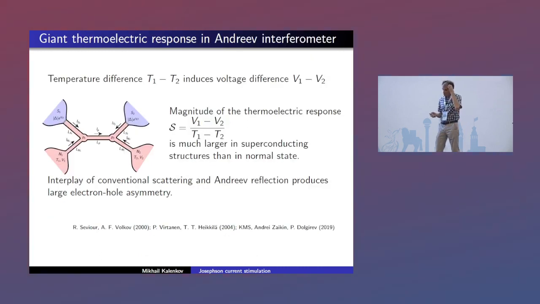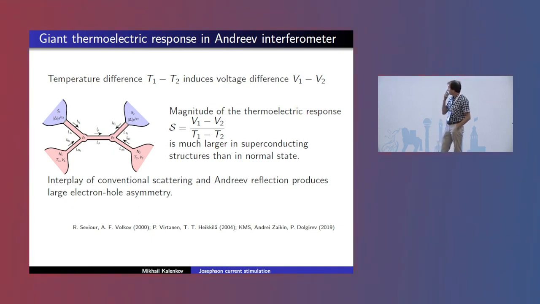Also, I would like to mention the thermoelectric effect in the Andreev interferometers. If we maintain normal terminals at different temperatures, we can expect that some voltage is induced here. And we can introduce the Seebeck coefficient, just the ratio of the voltage difference divided by the temperature difference.